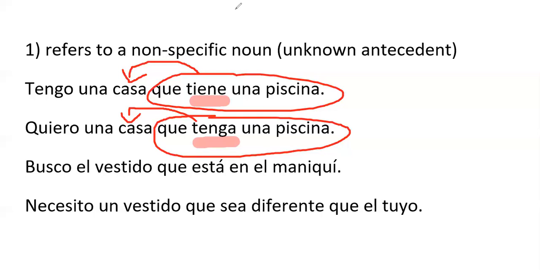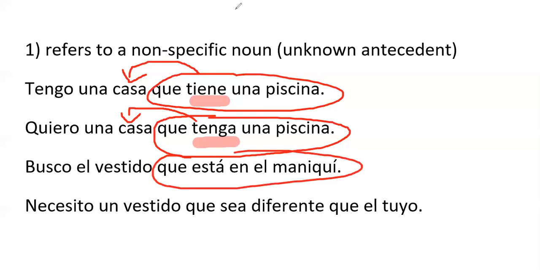Busco el vestido que está en el maniquí. So I'm looking for the dress that's on the mannequin, without being a smart aleck and saying that, oh, it's on the mannequin. No, we're just like, the same one. So there's a certain one that's on the mannequin, and that's the one I want. I am talking about a specific dress. So when I am describing this dress, it's the one that's on the mannequin.